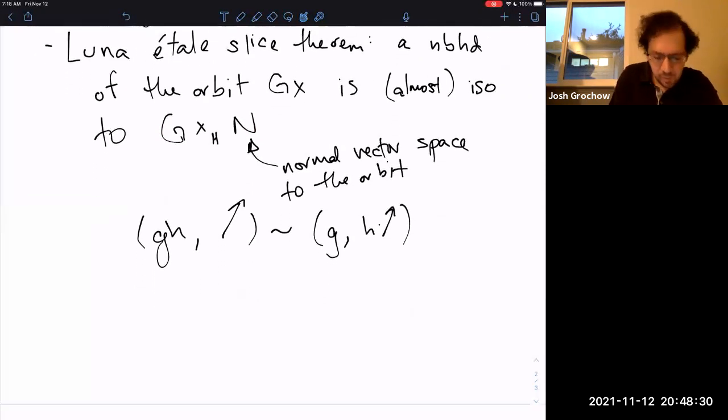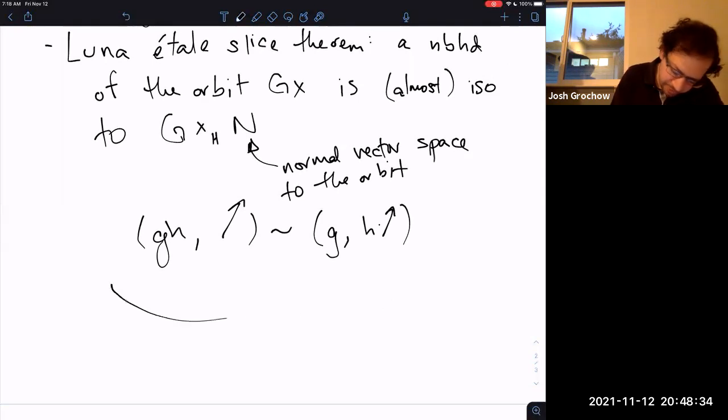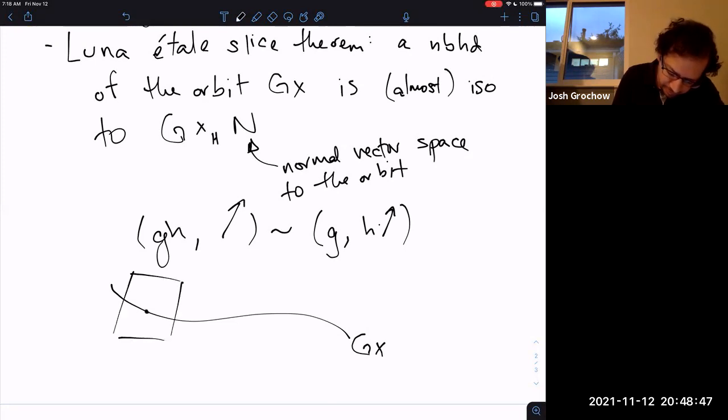Okay. The picture to have in mind here, I think, is if you imagine your orbit as a line, there's some neighborhood of the orbit where what you see is basically these vector spaces.